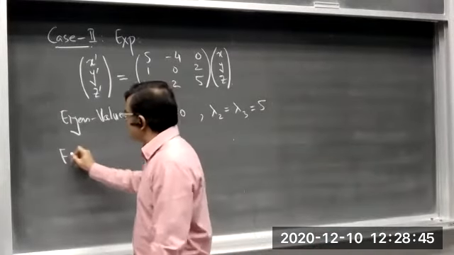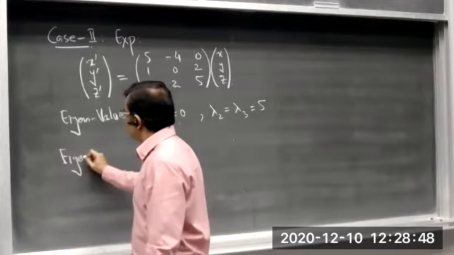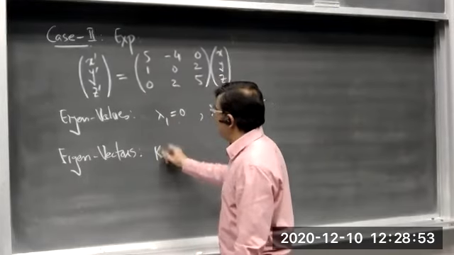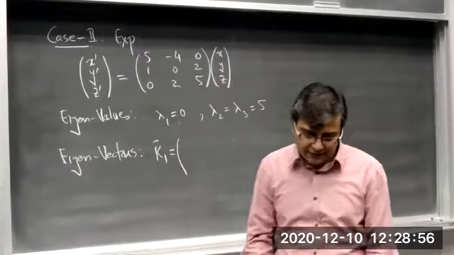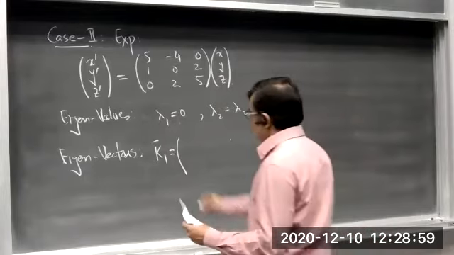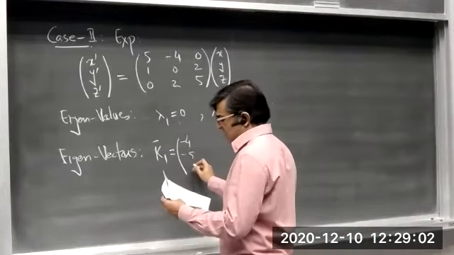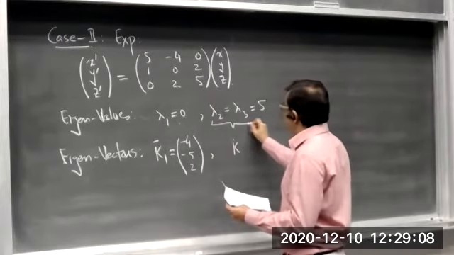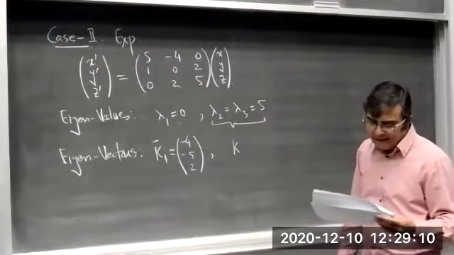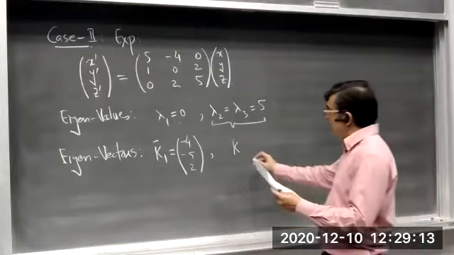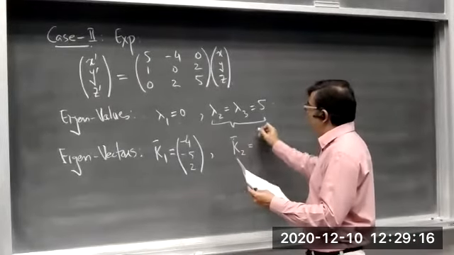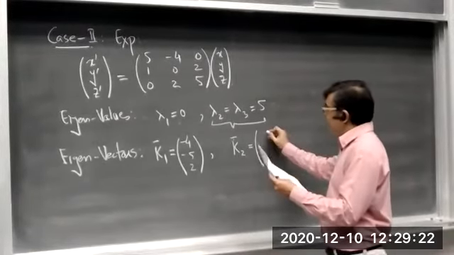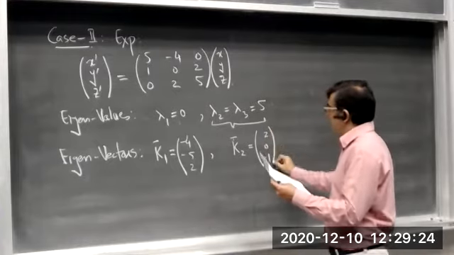Now the eigenvectors. Corresponding to lambda 1, we obtain an eigenvector, which is this one, -4, -5, and 2. And corresponding to these two eigenvalues, which are repeated here, we obtain only one eigenvector, which is basically 2, 0, -1.